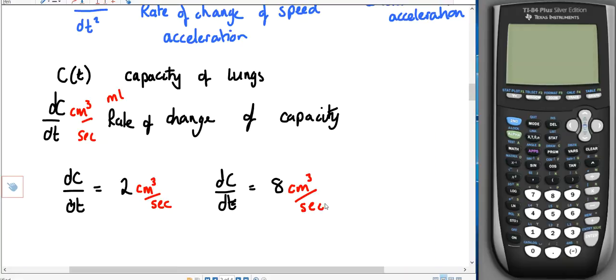Now if I said to you, which is quite often in these types of questions, interpret that for me. In terms of breathing, what does it mean? If I increase the rate of change of capacity, what does that mean? You breathe in quicker. Is there going to be a negative in here as well?